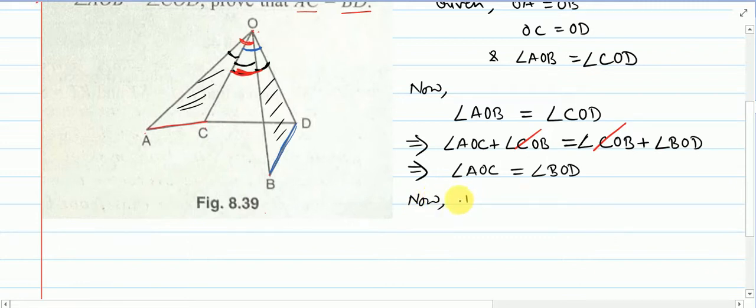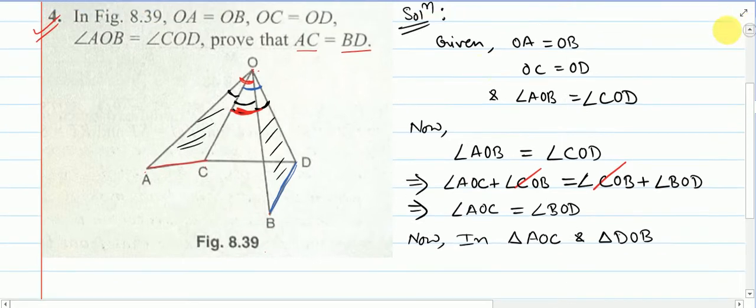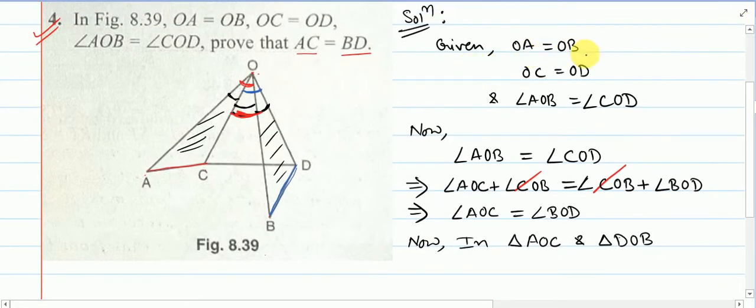Now in triangle AOC and triangle DOB, first of all, OA is equal to OB.